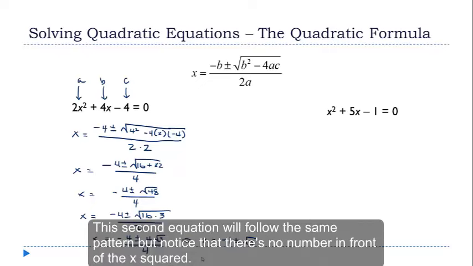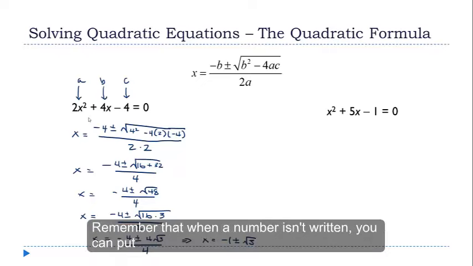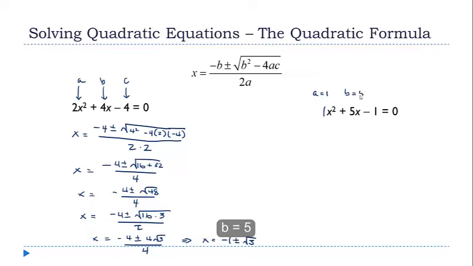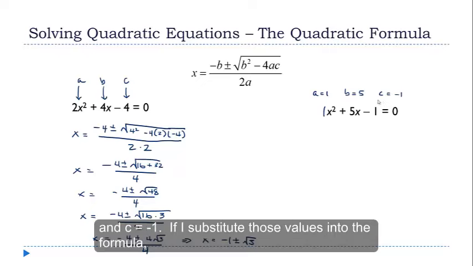Now, the second equation will follow the same pattern, but notice that there's no number in front of the x squared. Remember that when a number isn't written, you can put a 1 there. So this gives us a equals 1, b equals 5, and c equals negative 1.